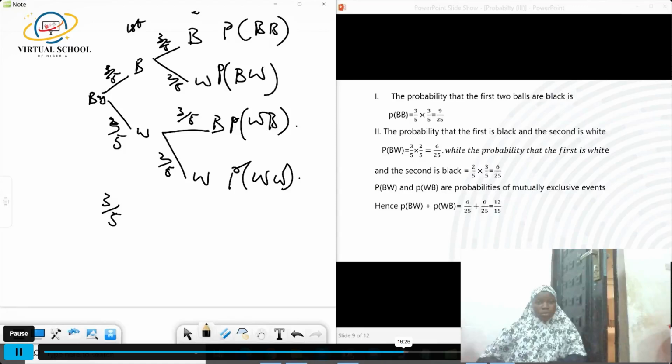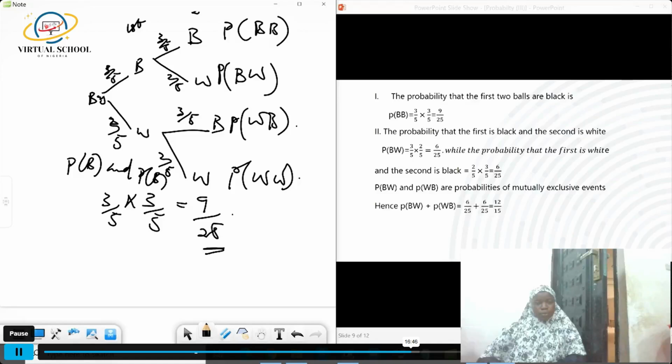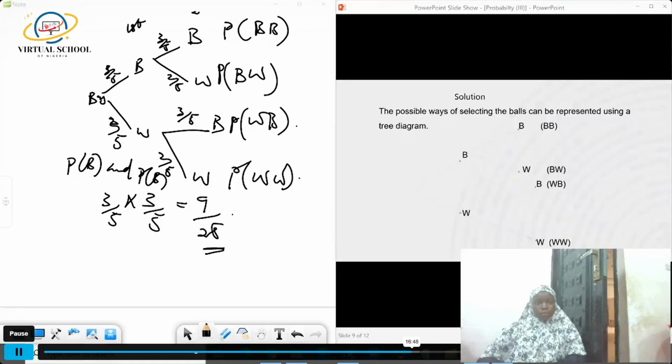Then you replace and pick another one, meaning you picked another black. So you are having probability of picking a black and a black. That is black. So I'll have 3/5 times what? 3/5, which should give me what? 9/25. That is the probability of picking 2 black balls.